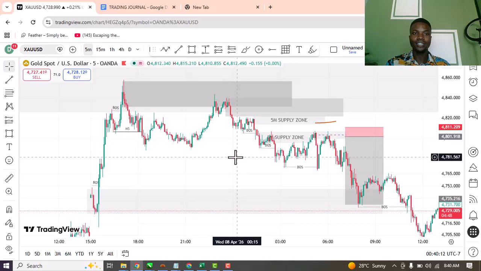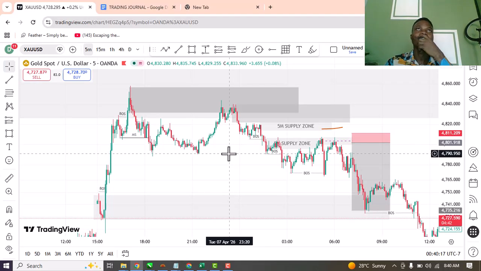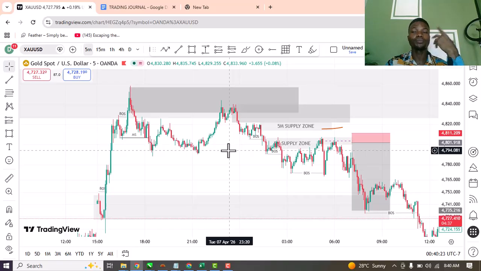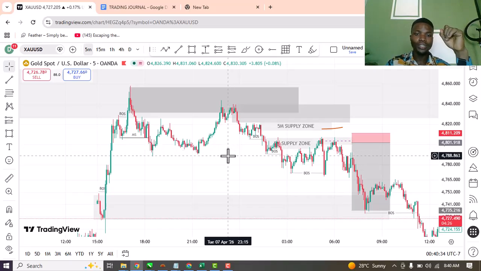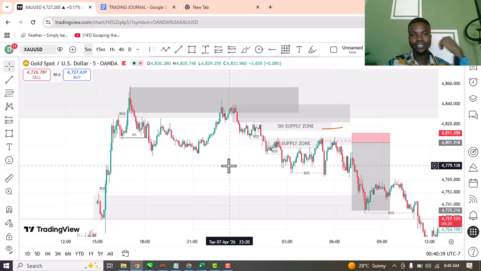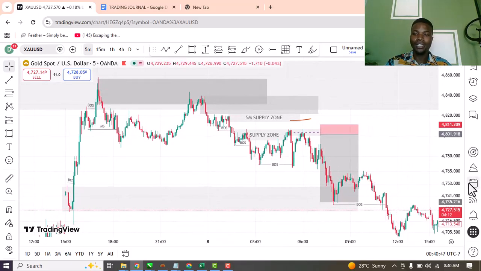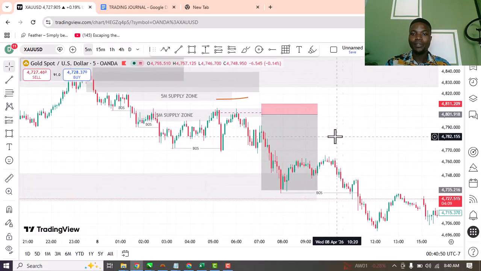Yesterday I saw this setup in the morning, but I was thinking that it was not yet time for me to trade, because mostly I place my trades during the New York session and the overlap session, which is around 1 p.m. to 2 p.m. But yesterday morning, when I saw this setup, I knew that the bias of price was changing from buying to selling, but I didn't take that trade. Eventually, I am really happy that this trade played out.